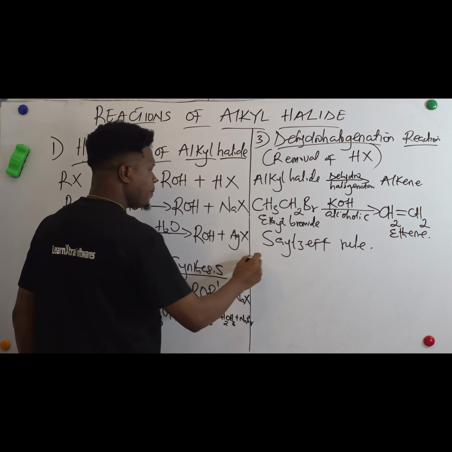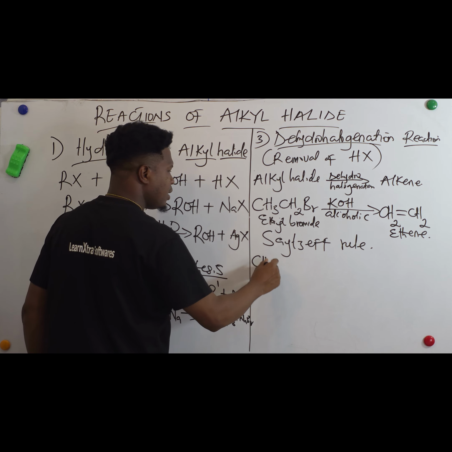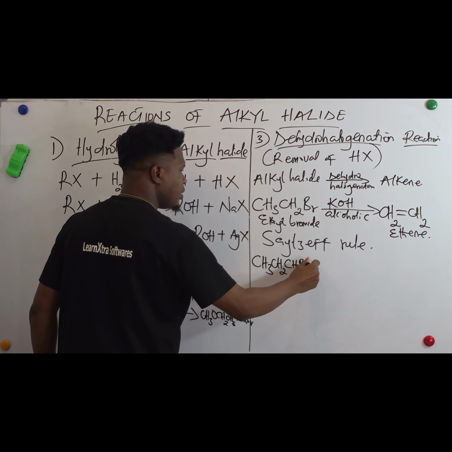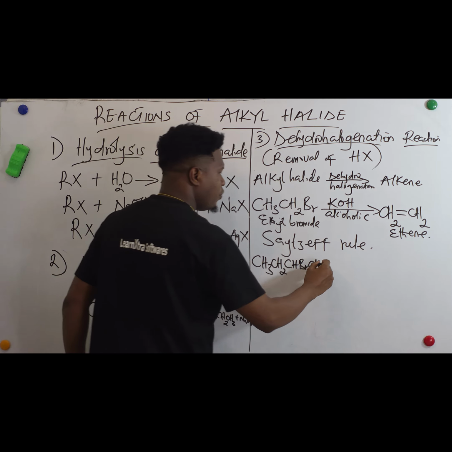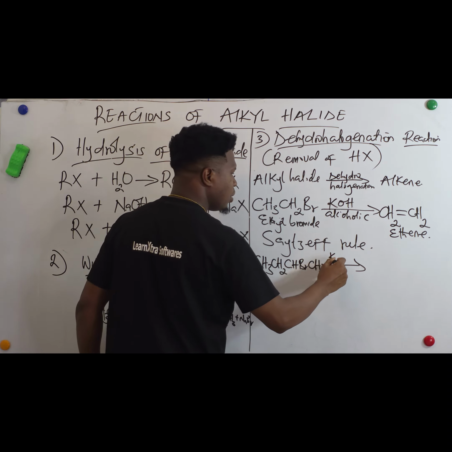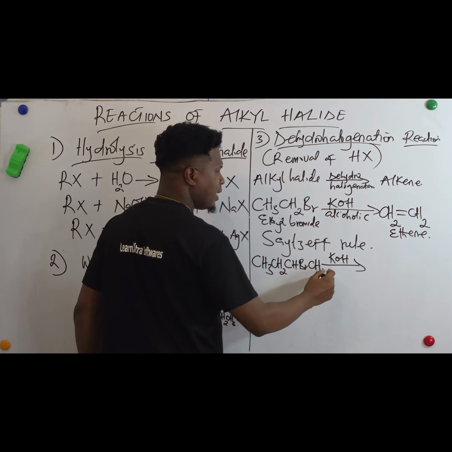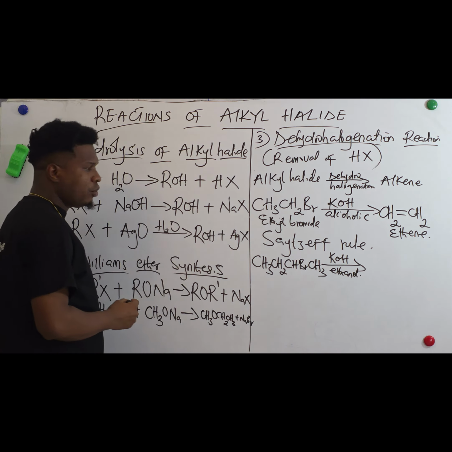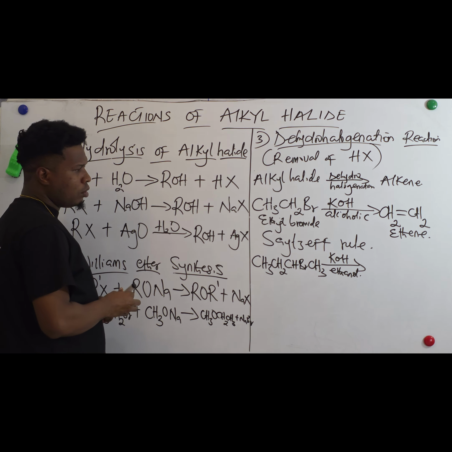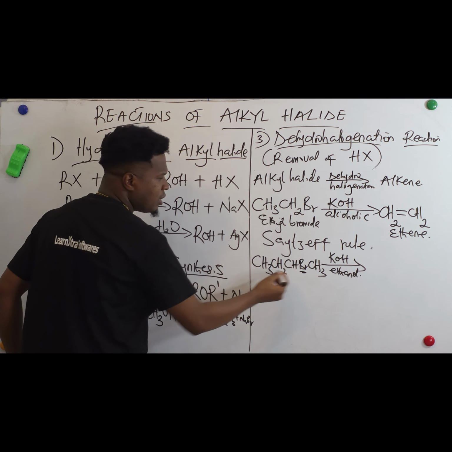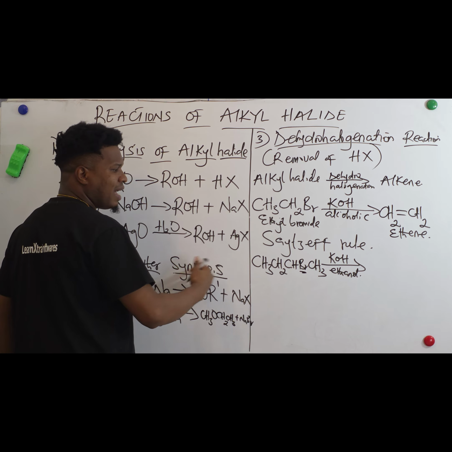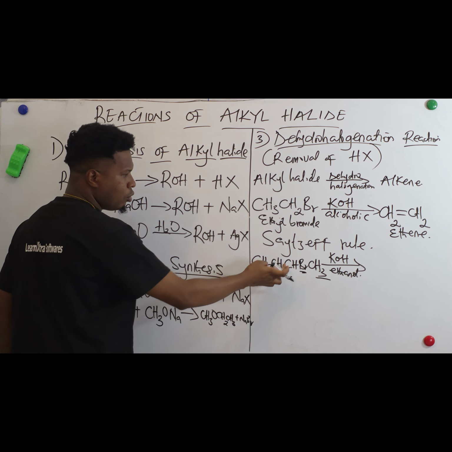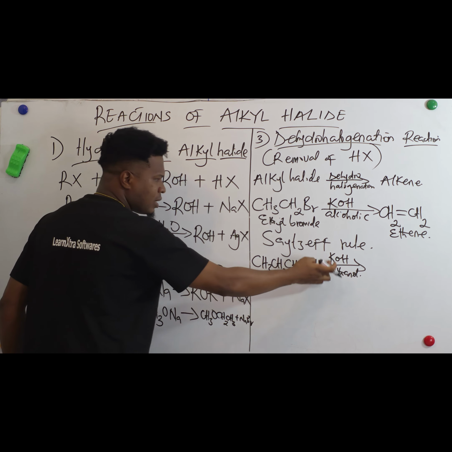For example, if I have CH3CH2CHBrCH3, and you're undergoing this same reaction using potassium hydroxide in ethanol as a case study, this dehydrohalogenation will occur, the Br will leave, then the hydrogen will leave from the side that has more alkyl groups. So this side and this side, which has more alkyl groups? What is here is ethyl, what is here is methyl.